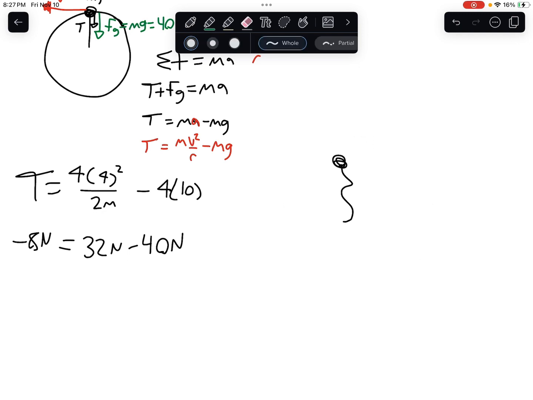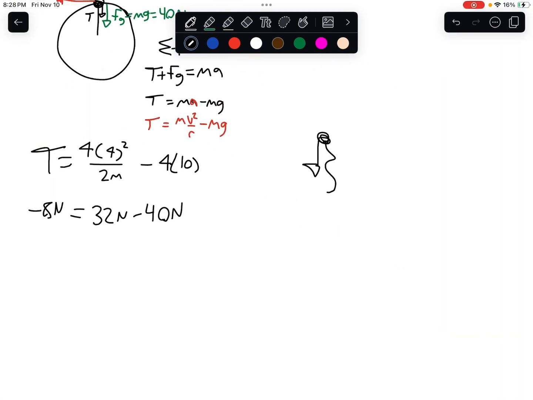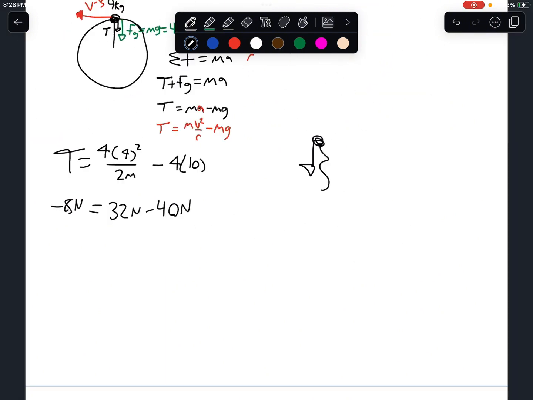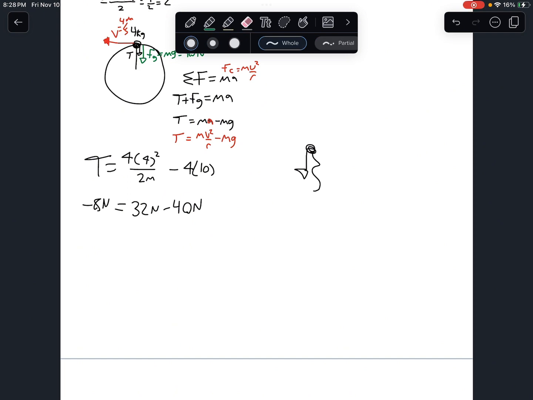So that means the ball must be falling downward more than its force required to keep it in the center. But such is life.